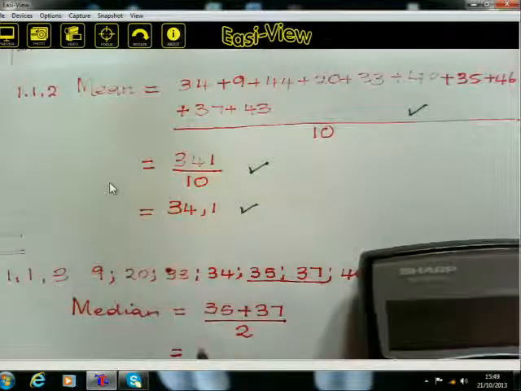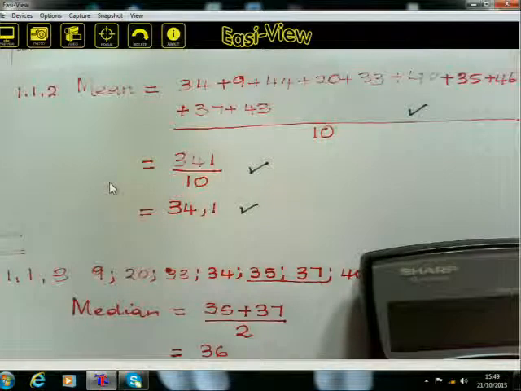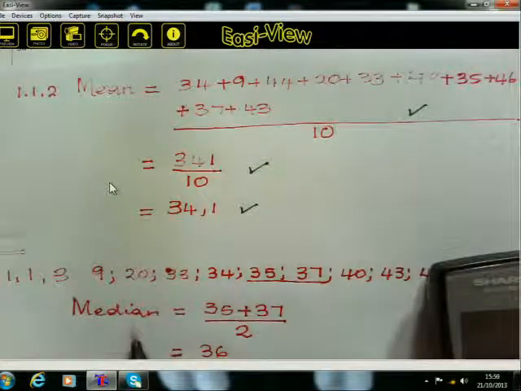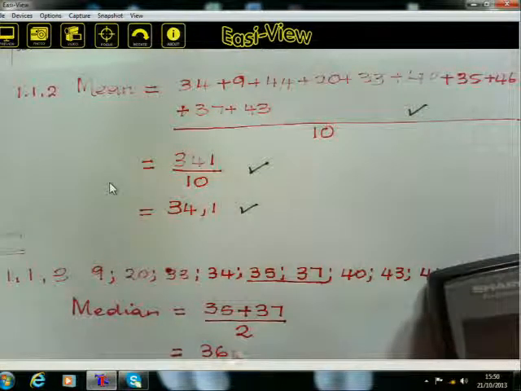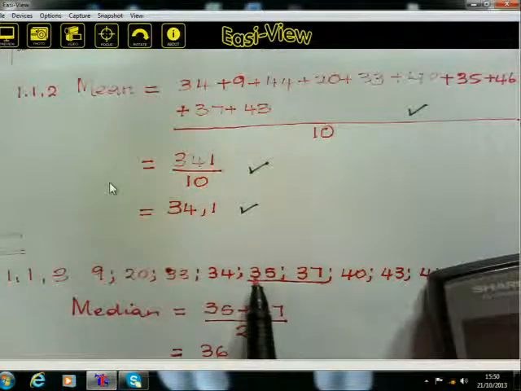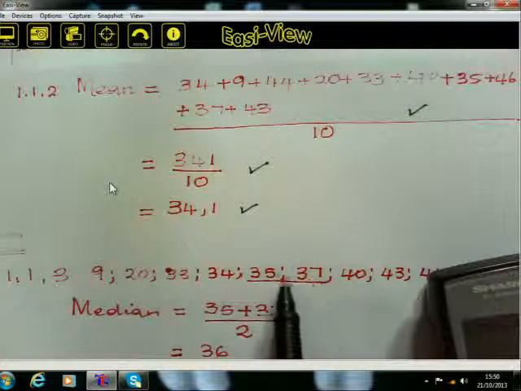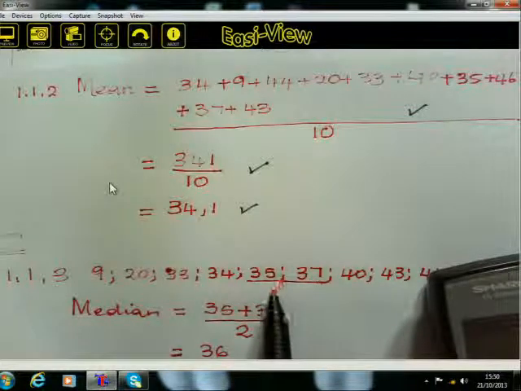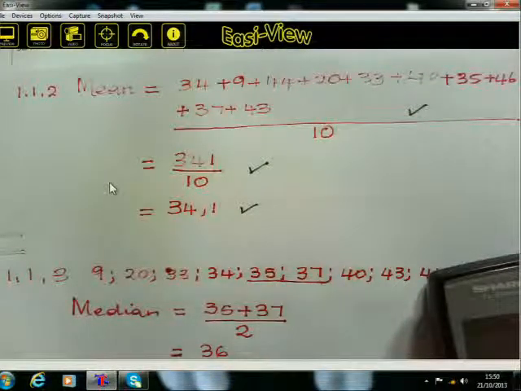You write it down: 36. Meaning your middle number will be 36. So between 35 and 37, you will have a middle number, which is what? 36.